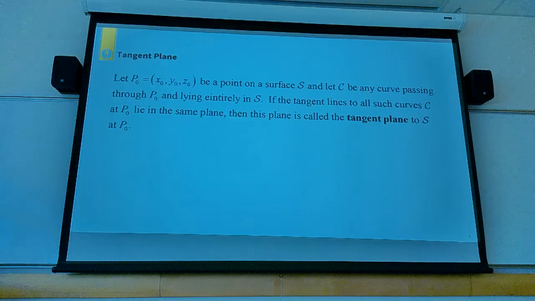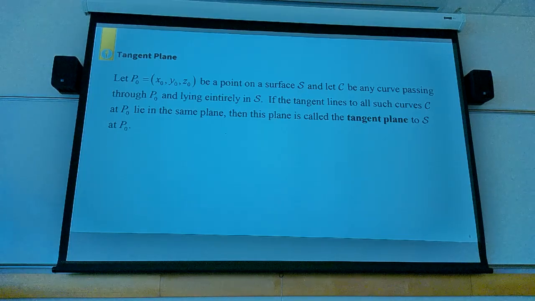So the point x0, y0, z0 is a point on the surface S. Let C be any curve passing through P0 that lies entirely in S. The tangent lines to all such curves at that point lie in the tangent plane.